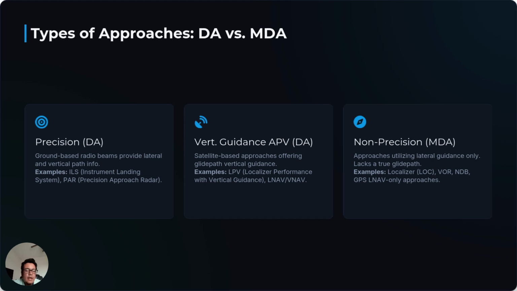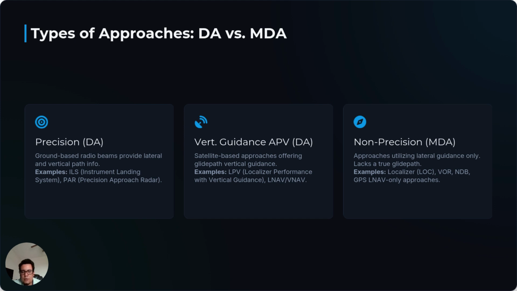Precision approaches are ground based. Well, for ILS, ground-based radio beams provide lateral and vertical guidance. For APV or LPV, we have a satellite-based approach offering the glide path as well, with vertical guidance.